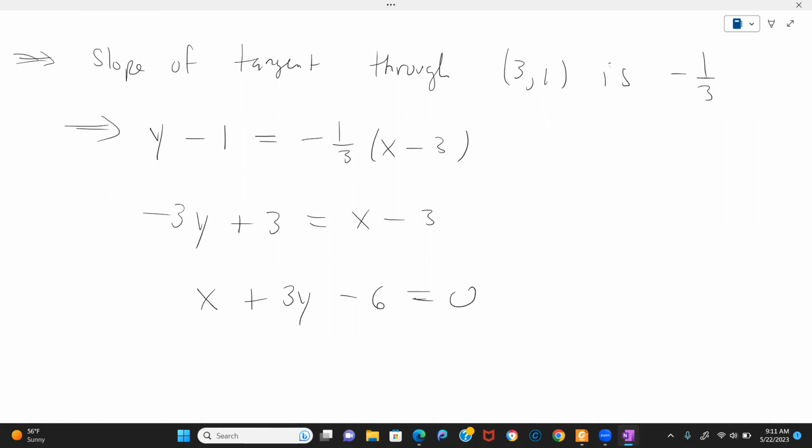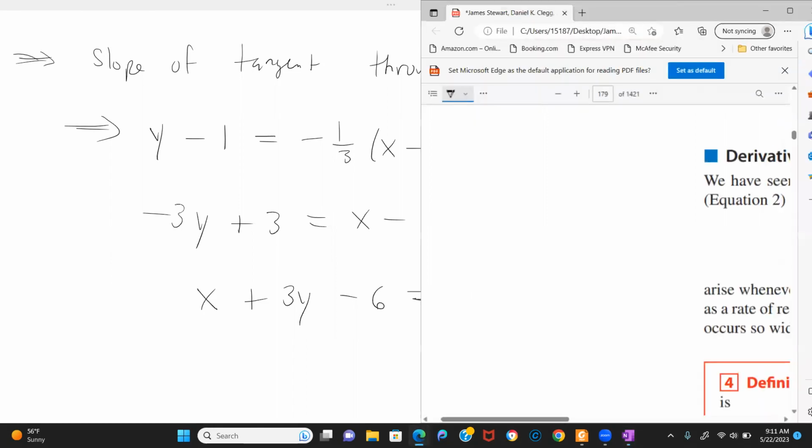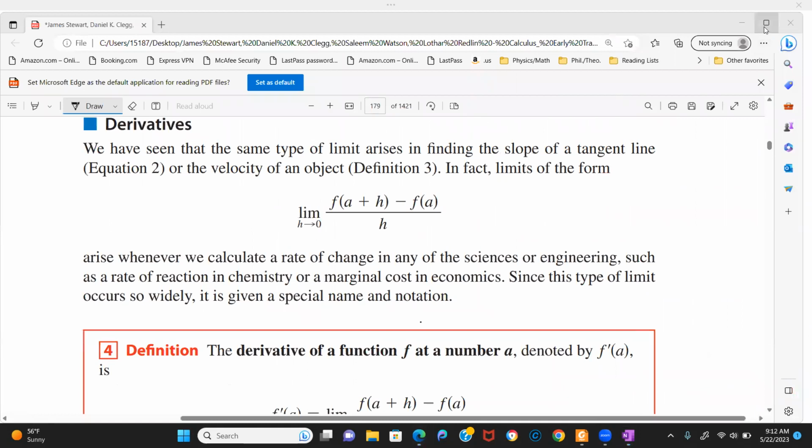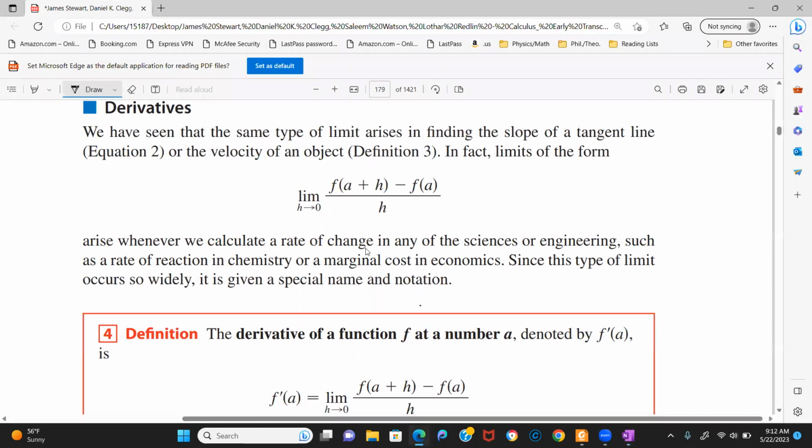So the tangent line problem and instantaneous velocity or instantaneous rate of change are examples of derivatives. So let's just talk about derivatives more generally. So here's the definition. We've seen a limit of this type arise in many different ways.